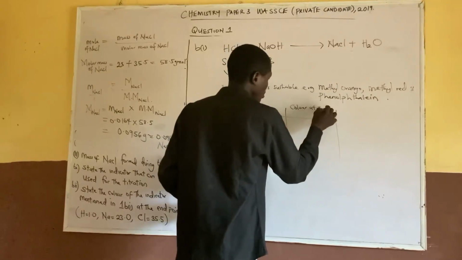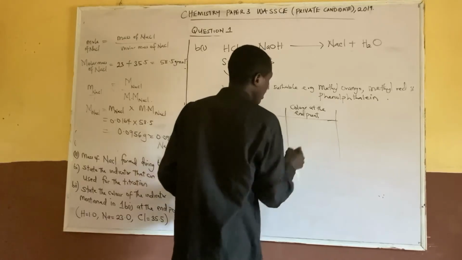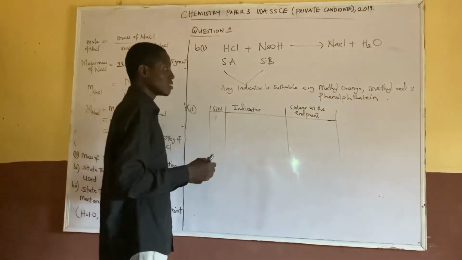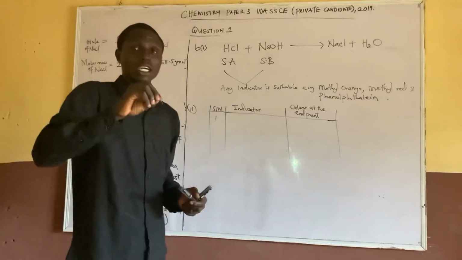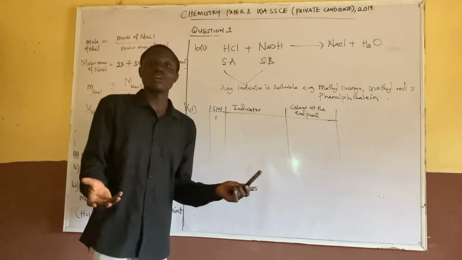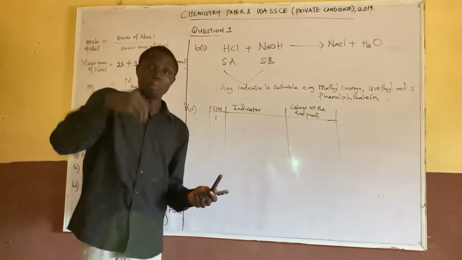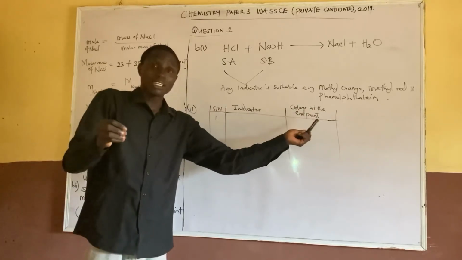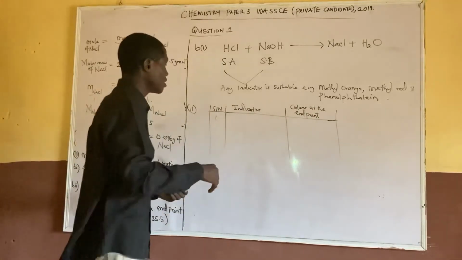Note, this is the color at the end point, because this indicator has a type of color in acid and in base. So they are talking about after you have added your acid into your base. That's the color at the end of the reaction, which is the color at the end point.